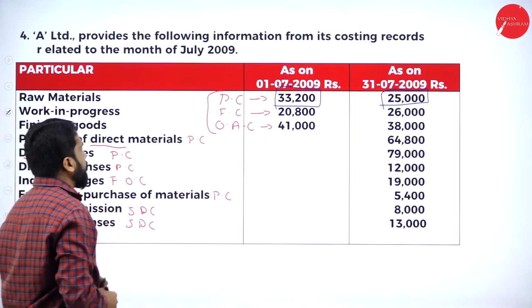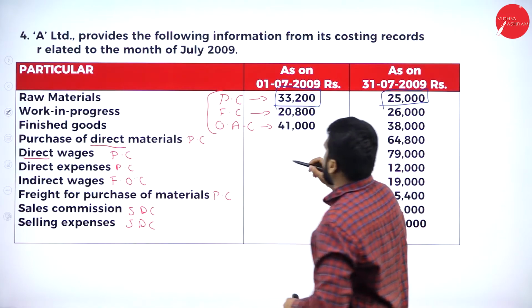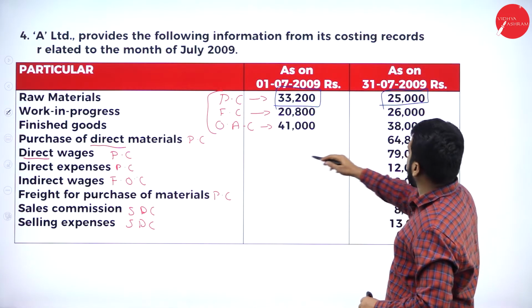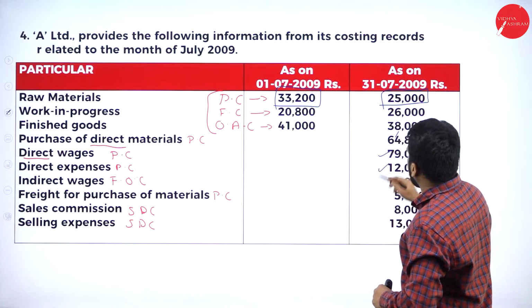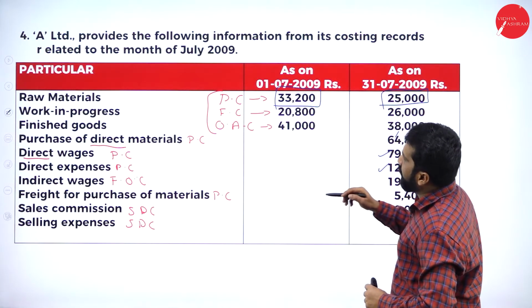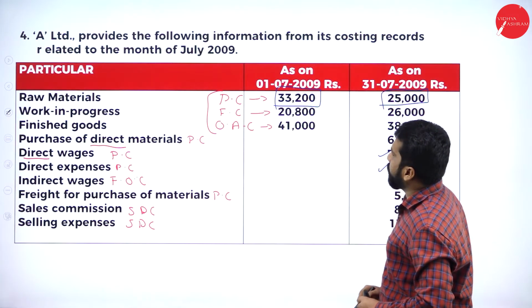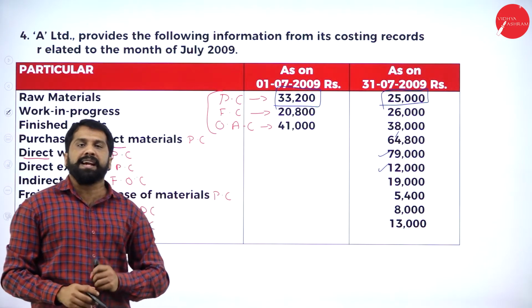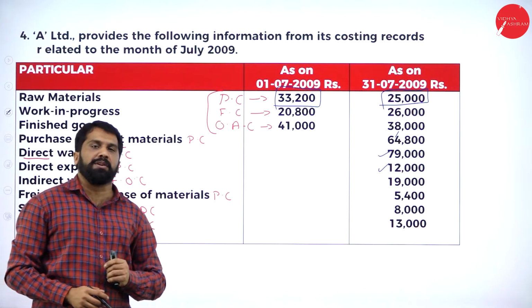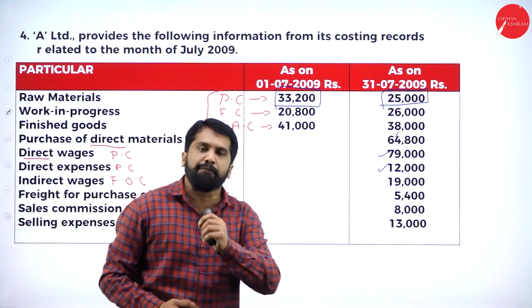Then direct wages. So direct wages will be how much? Yes, 79,000. Direct expenses 12,000, and indirect wages. So indirect wages comes under what? Factory. Remember, direct wages comes under prime cost. Indirect wages comes under factory.